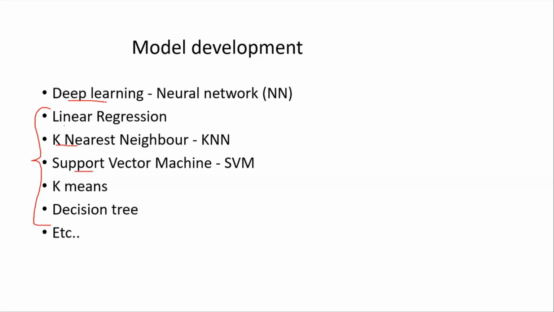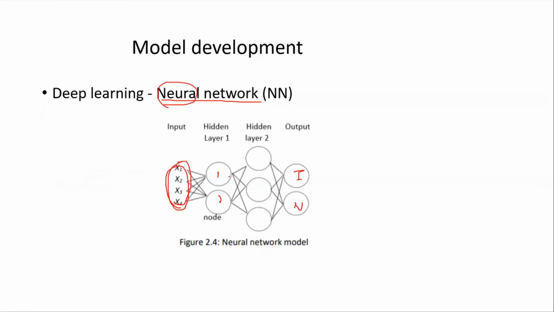When we use deep learning, it means we use this: the layers can be a million layers. Layer 1, layer 2, layer 3, layer 4, until I don't know how many layers. And in each layer, how many nodes do you have? You can have 1 million nodes here. Layer 1 has 1 million nodes, layer 2 has 1 million nodes, layer 3 has 1 million nodes.